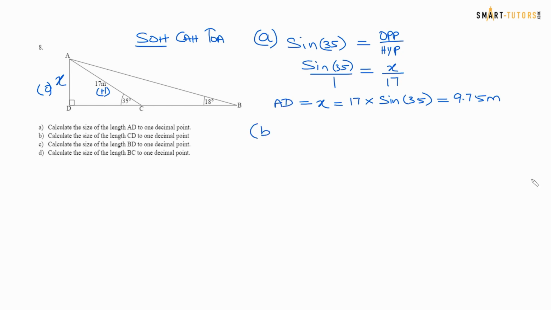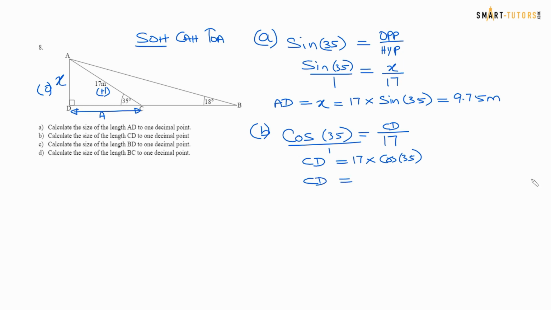Question number B. Calculate the size of the length CD. So CD is this length. That is going to be the adjacent side. So we can write the formula for cosine 35. Adjacent, which is CD, over hypotenuse 17. Cross multiply, CD times 1, which is CD, equal 17 times cos 35.